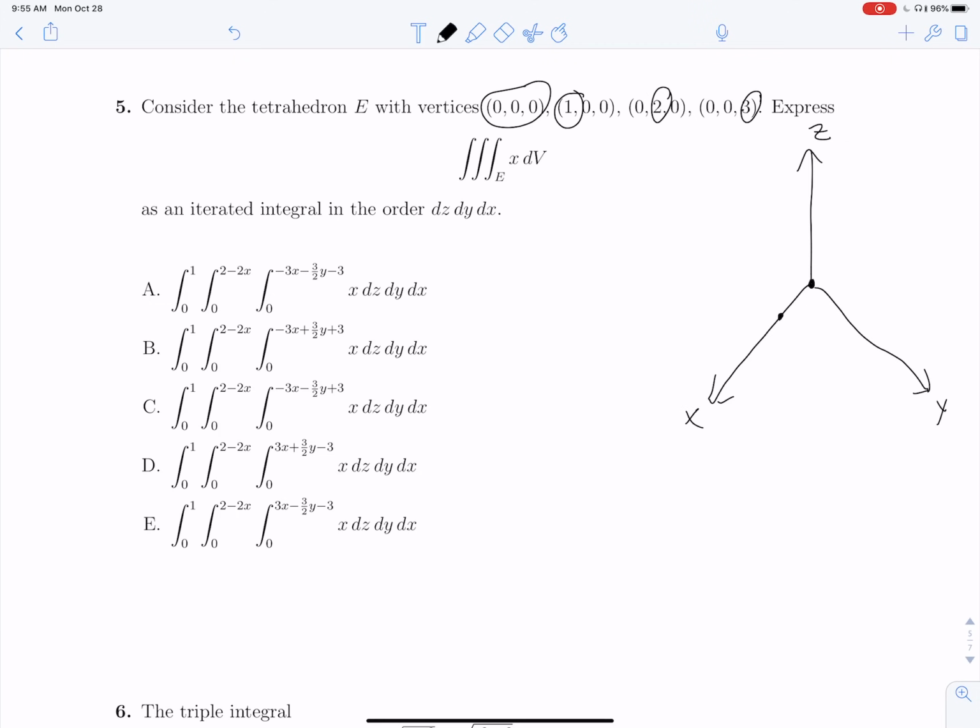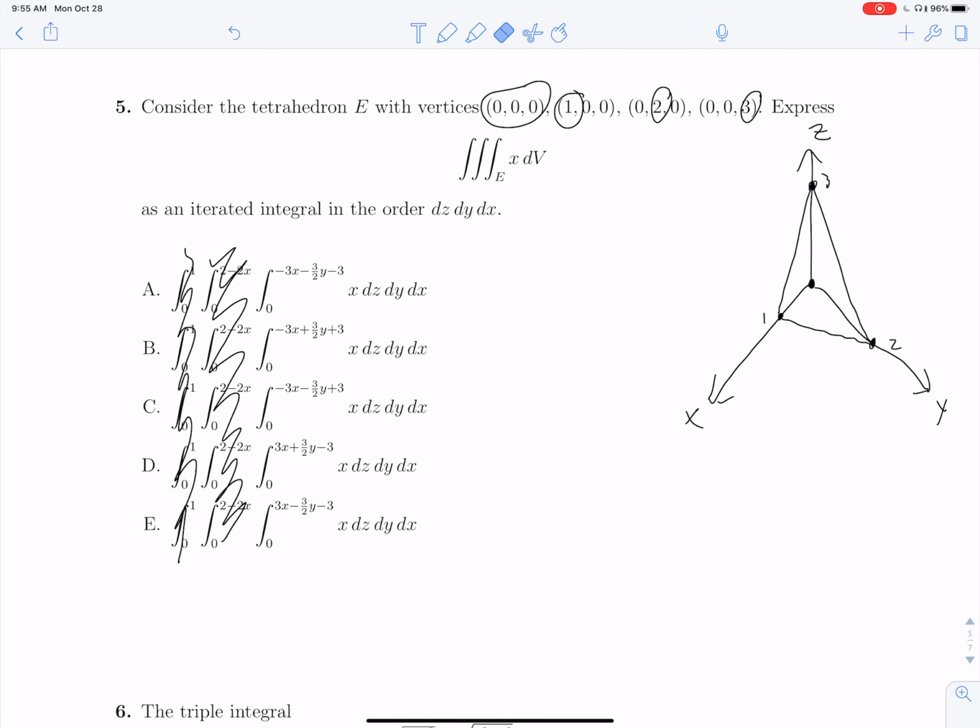We have 1, 0, we have 2, 0, and we have 3, 0. It doesn't really matter if you put the 1, 2, 3 in. It's really just for the visual, because if we take a look in here, we see that every dx is the same, so we really don't care, and every dy is actually the same too. So all we really have to do is figure out which one of these dz's is correct.